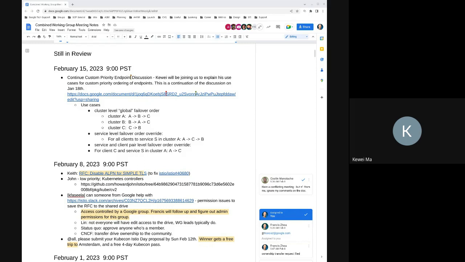For example, for every application in this cluster, it can go from A to B to C. The service can also override it on a service level, so for a particular service we can choose a different ordering of failover. And even further, we can set it up on a service to client pair level, so for a particular service and client pair we can override it with a different type of failover. These are the main three scenarios we have at the moment.